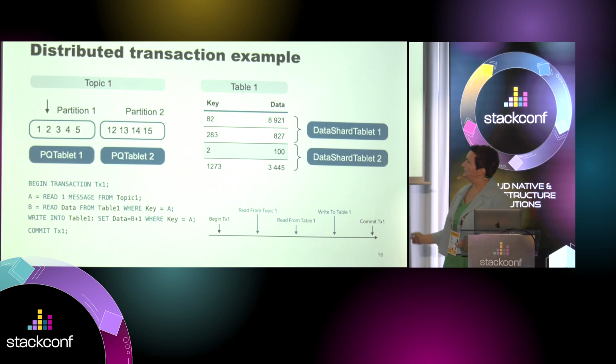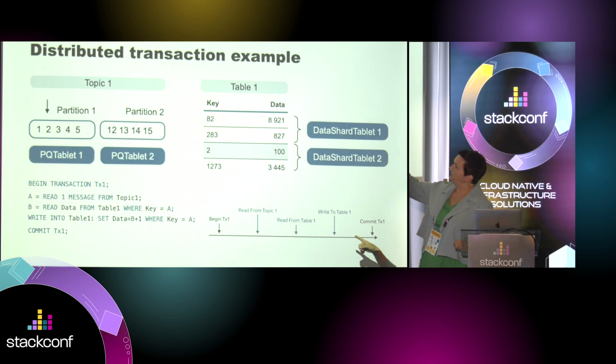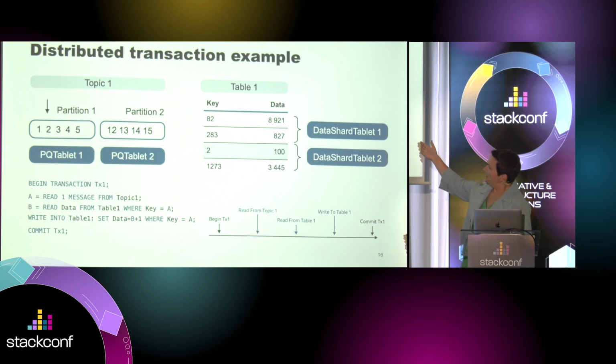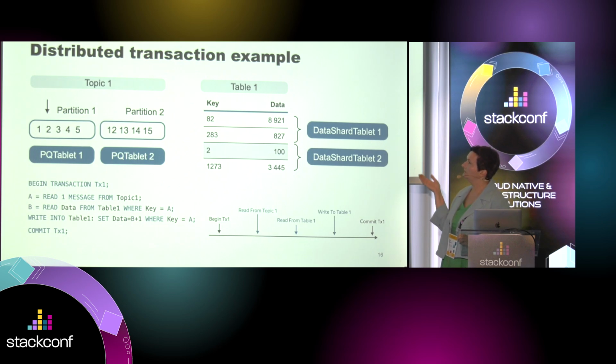Here you see the timeline of user actions. The user begins the transaction, reads from topic 1, reads from table 1, writes to table 1, and then tries to commit the transaction. And I'll tell you what YDB should do at every stage to serve this transaction.